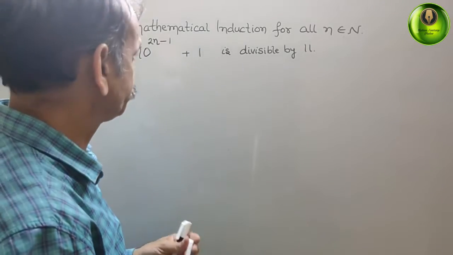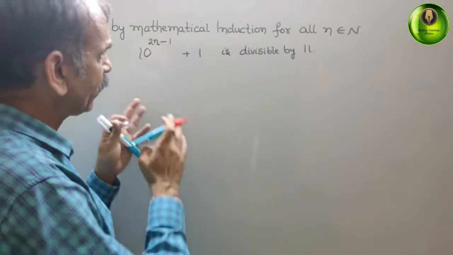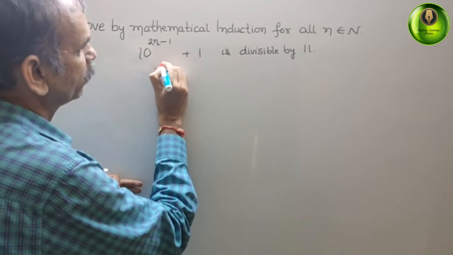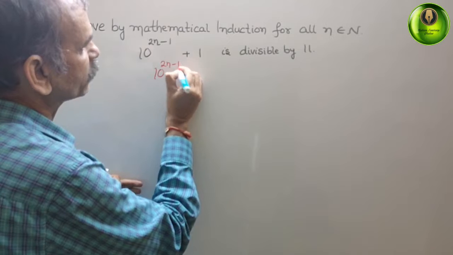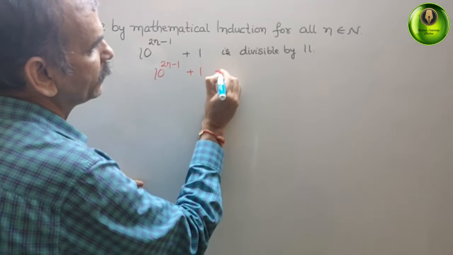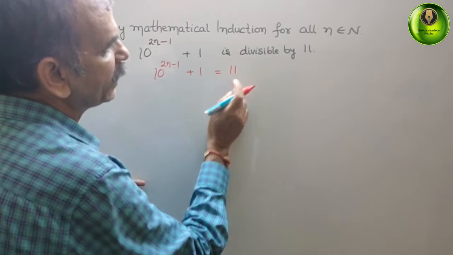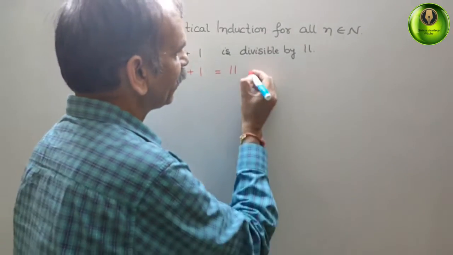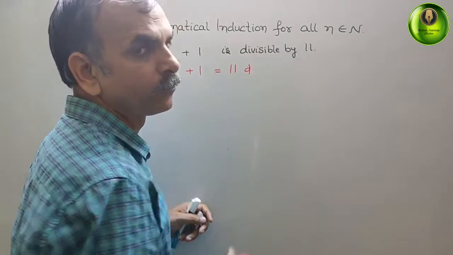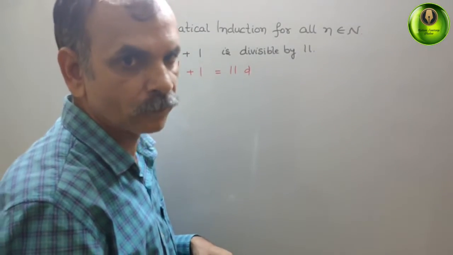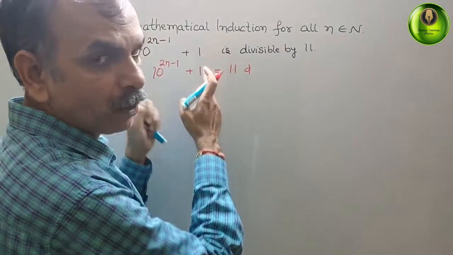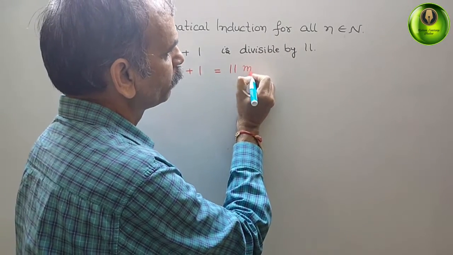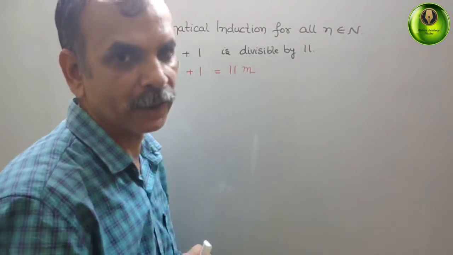Can we write it like this? 10^(2n-1) + 1 is divisible by 11, that means 11d. That means this is a multiple of 11, or you can write it as 11m.